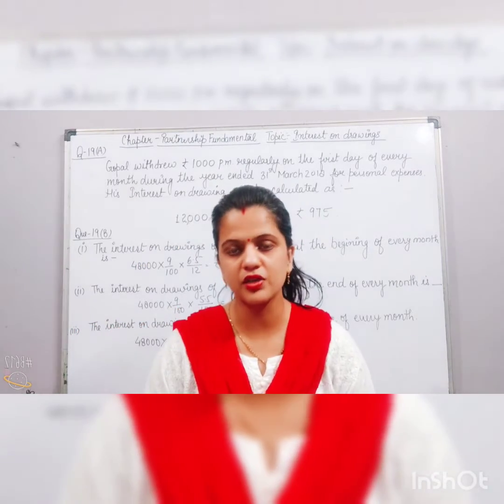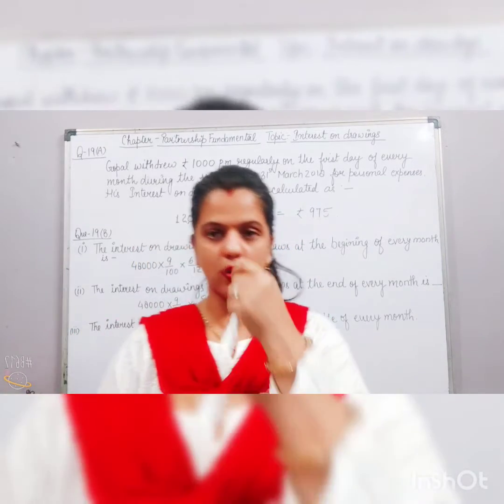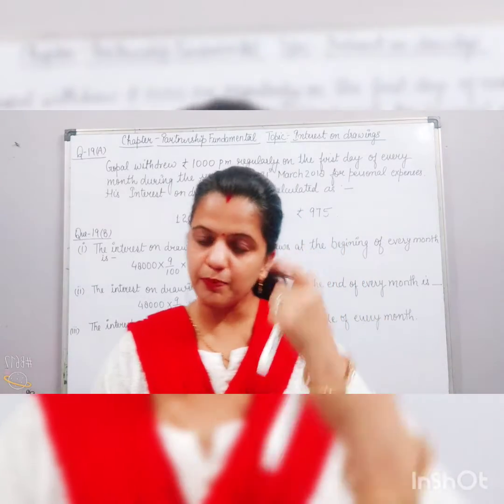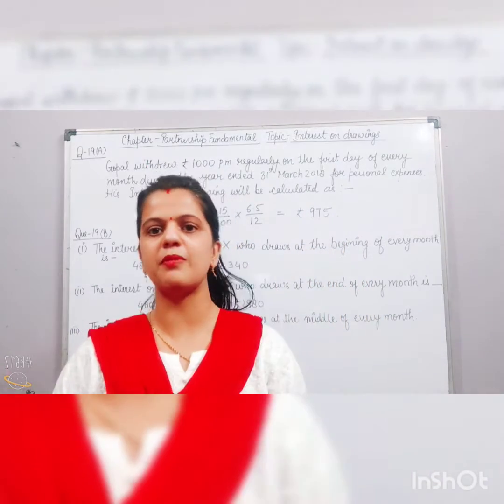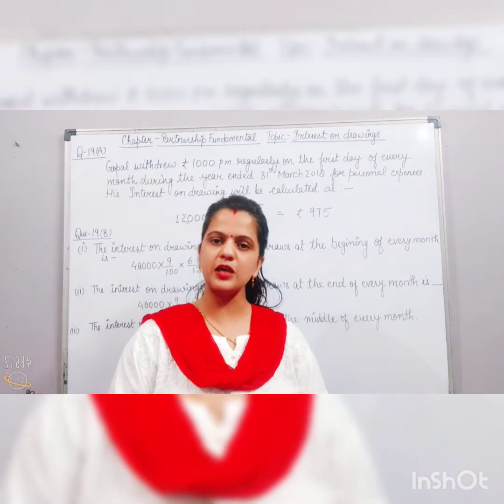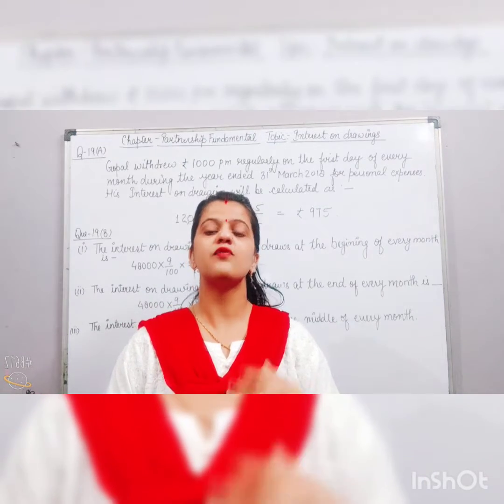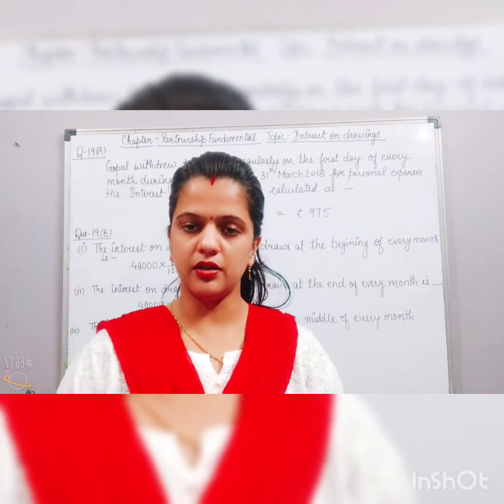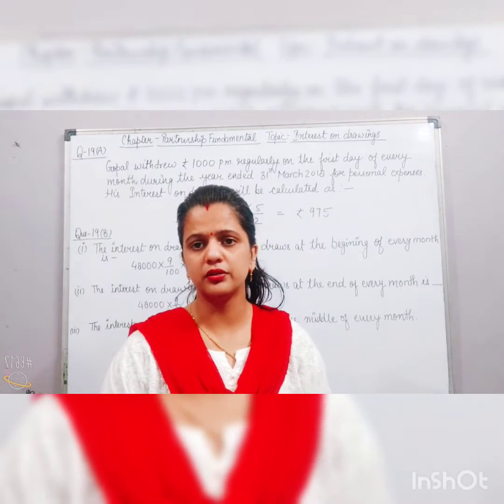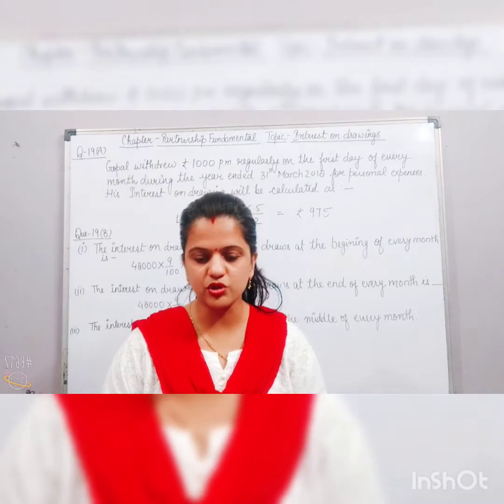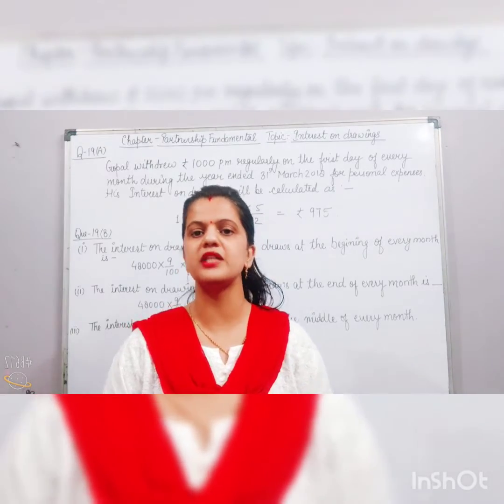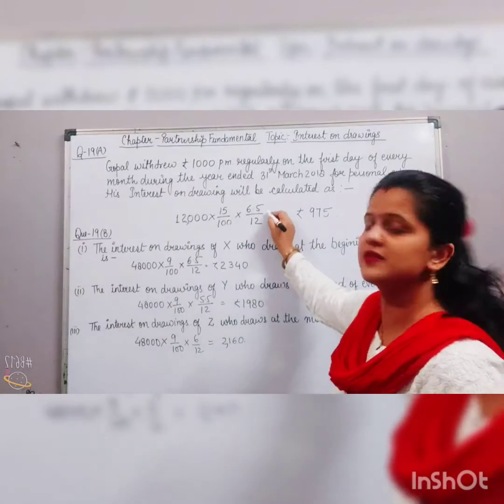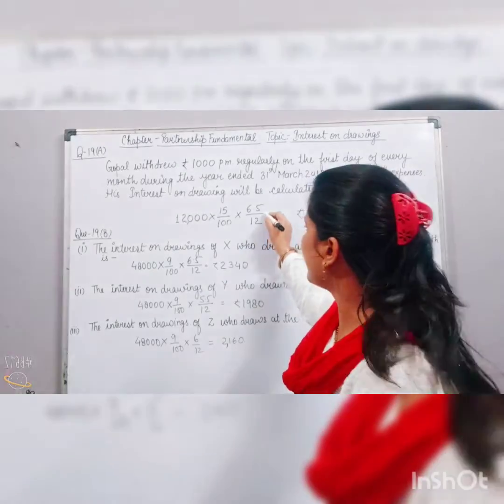Here we have to calculate the interest on drawing. As earlier we have discussed, when a fixed amount is withdrawn by any partner in the beginning of every month, what we have to calculate is for how many months? 6.5 months.